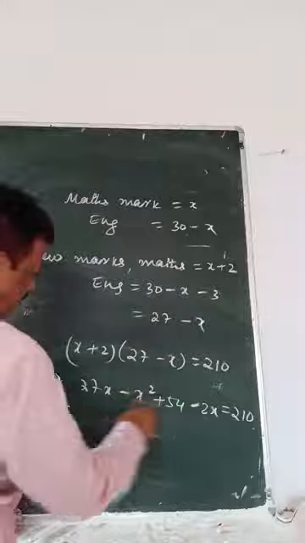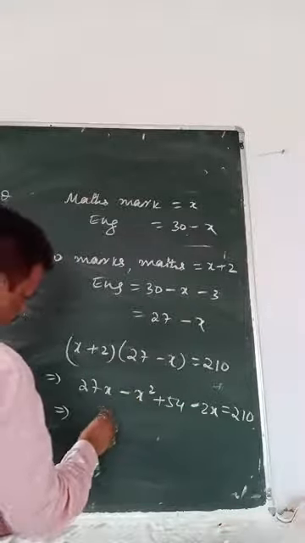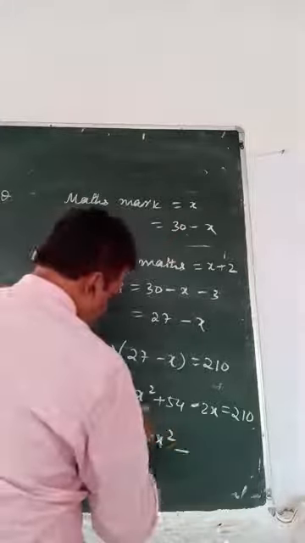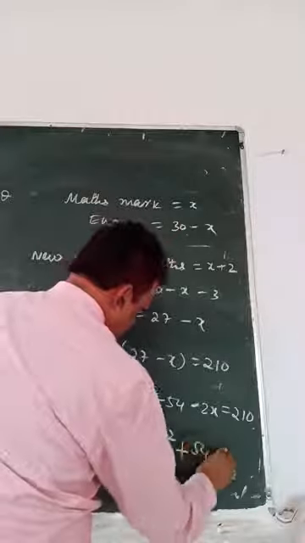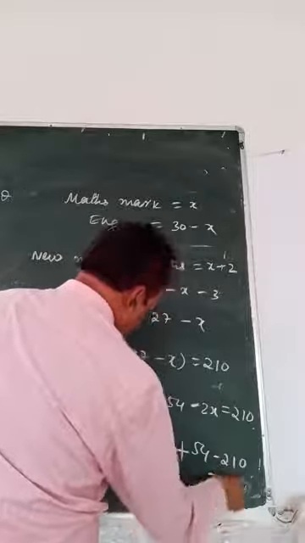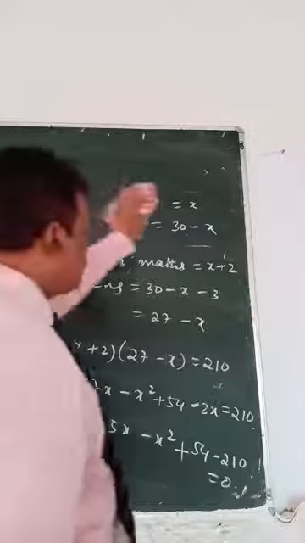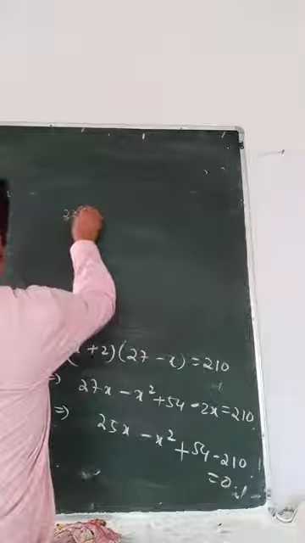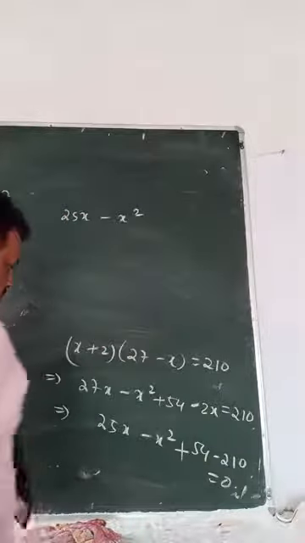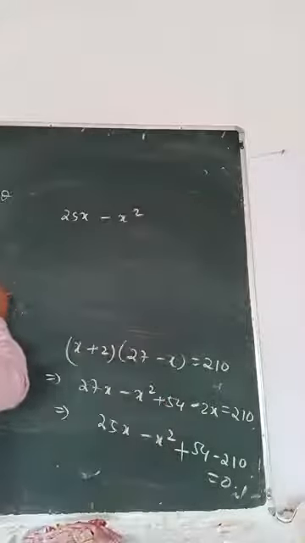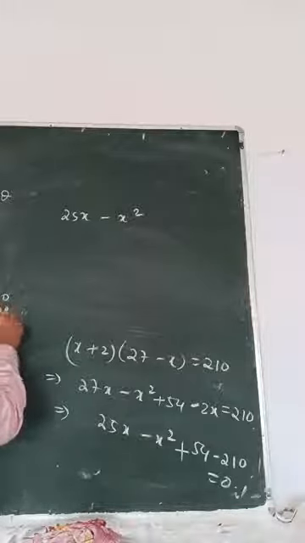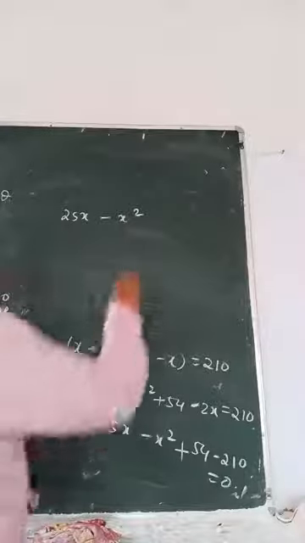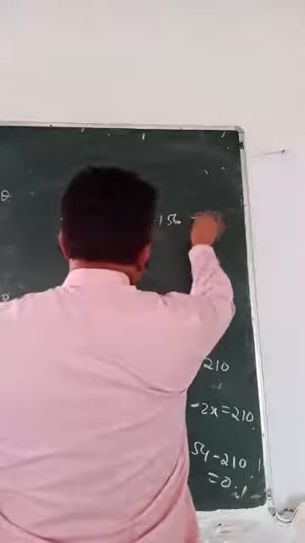Implies 25x minus x square plus 54 minus 210 equals 0. Okay, got an equation now? So we are getting 25x minus x square, and 54 minus 210 is minus 156. Minus 156 equals 0.